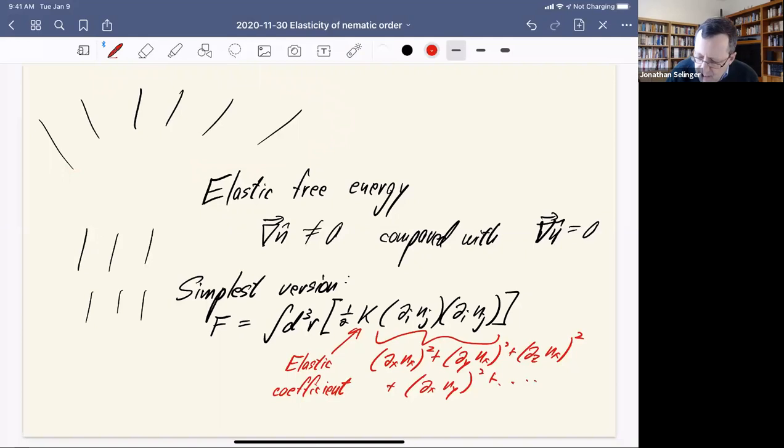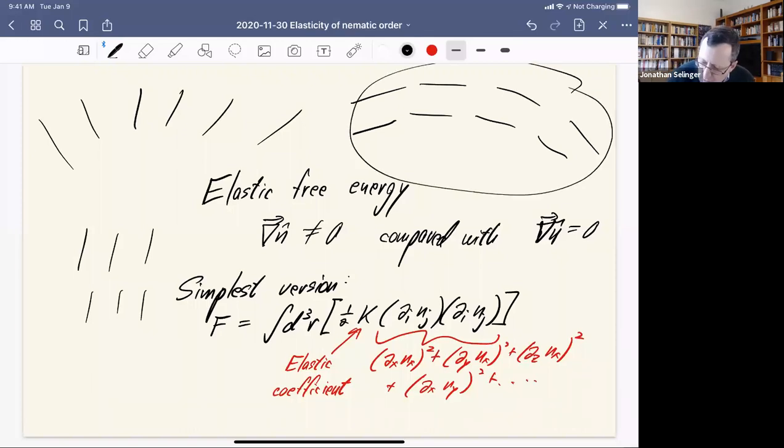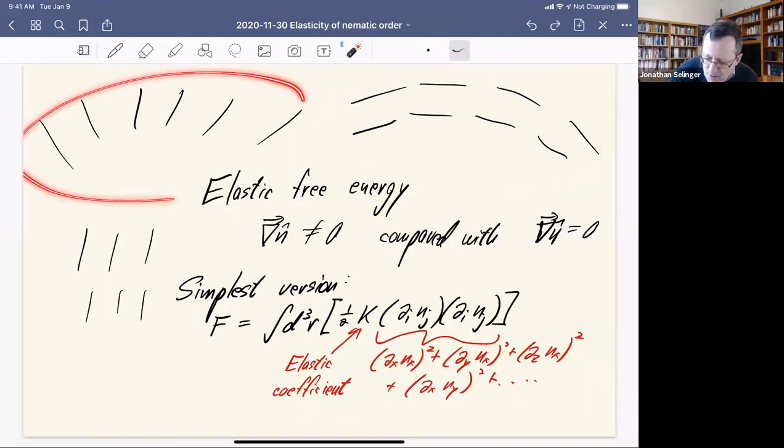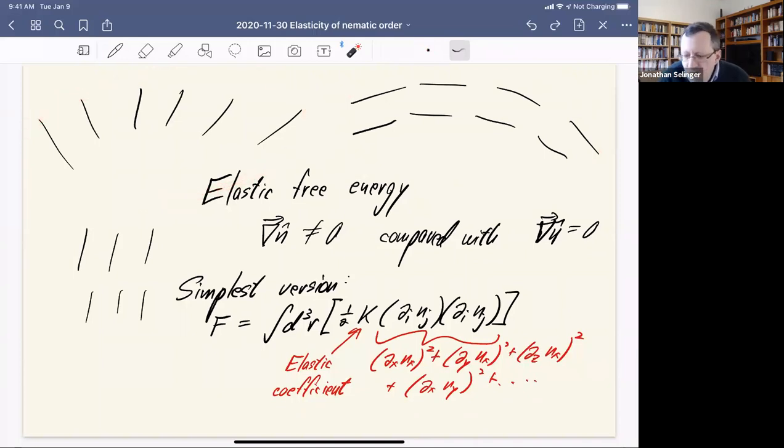Okay, let's draw another possibility. Another possibility would look like this. In this possibility compared with this possibility, there's the same variation in terms of how many degrees per centimeter.